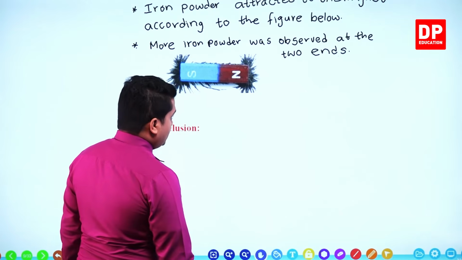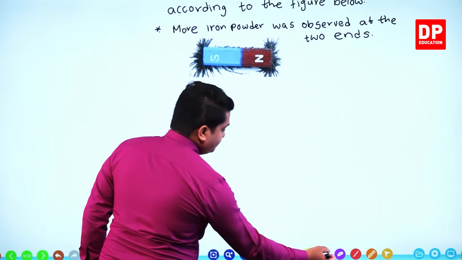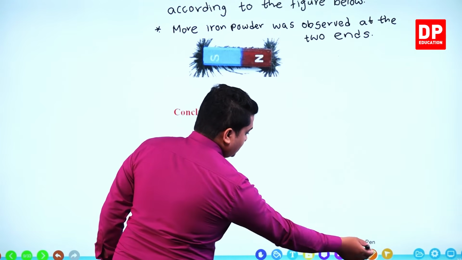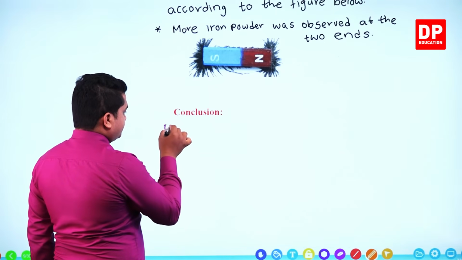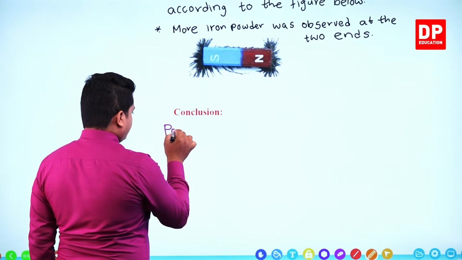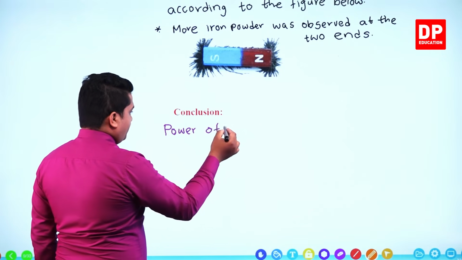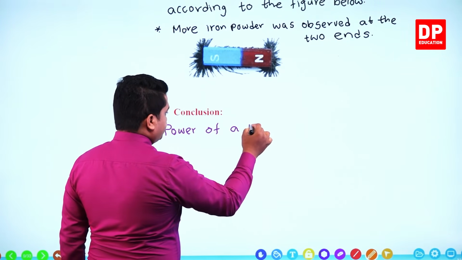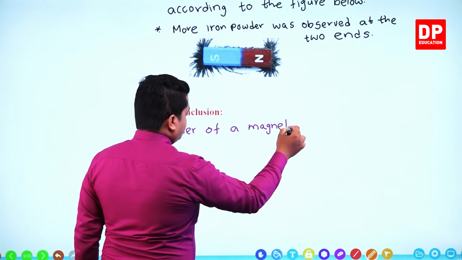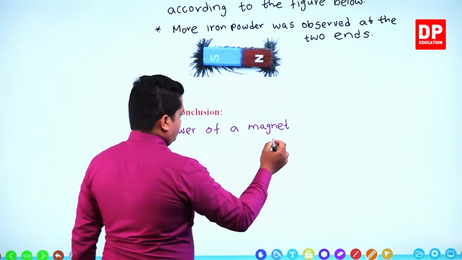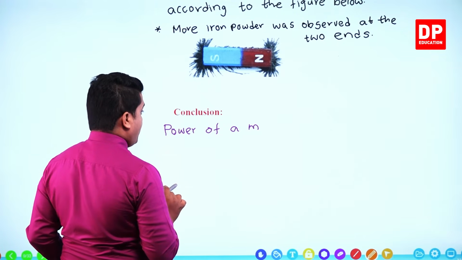So our conclusion is this: we'll write it as the power of a bar magnet.